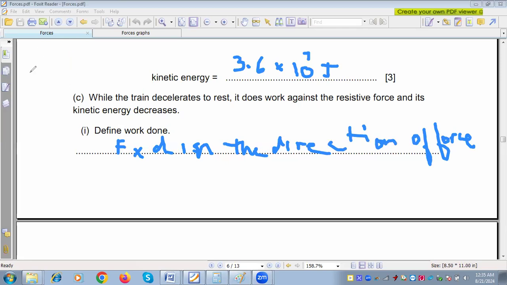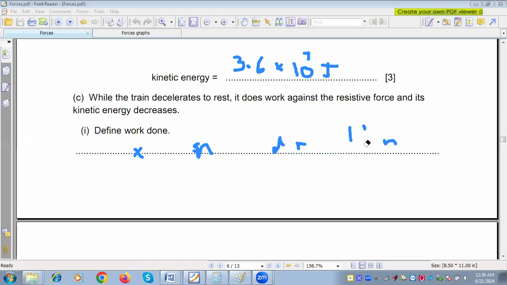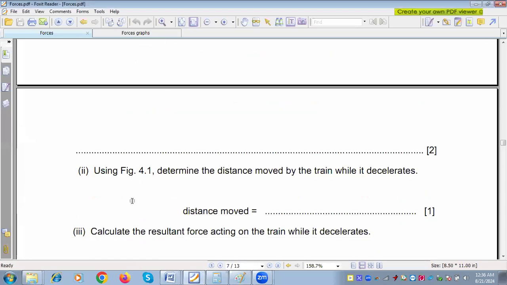So we have defined work done, and let us go to the next part of the question. What is asked? Determine the distance moved by the train. So we will make use of the formula.